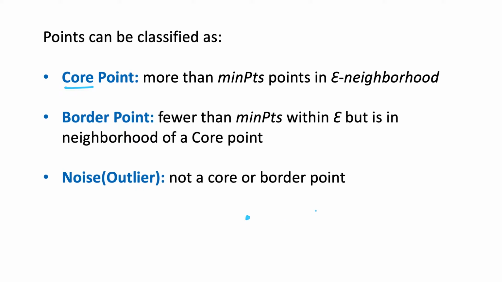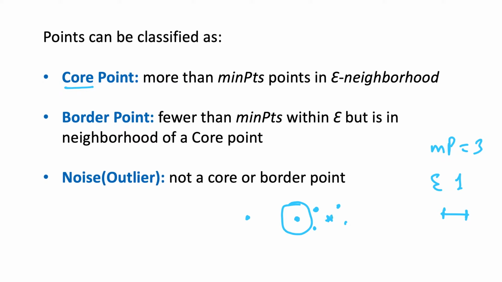In the same example, let's say min points is 3 and epsilon is 1 unit, let's say equal to this distance. If we see the epsilon neighborhood of this point, there is only one point in this neighborhood. So this is noise. Now, let's say we have more points.